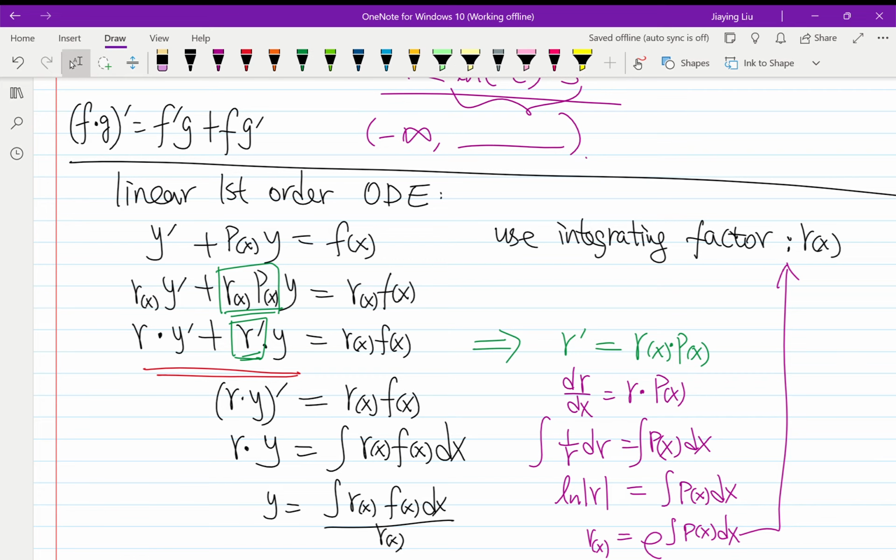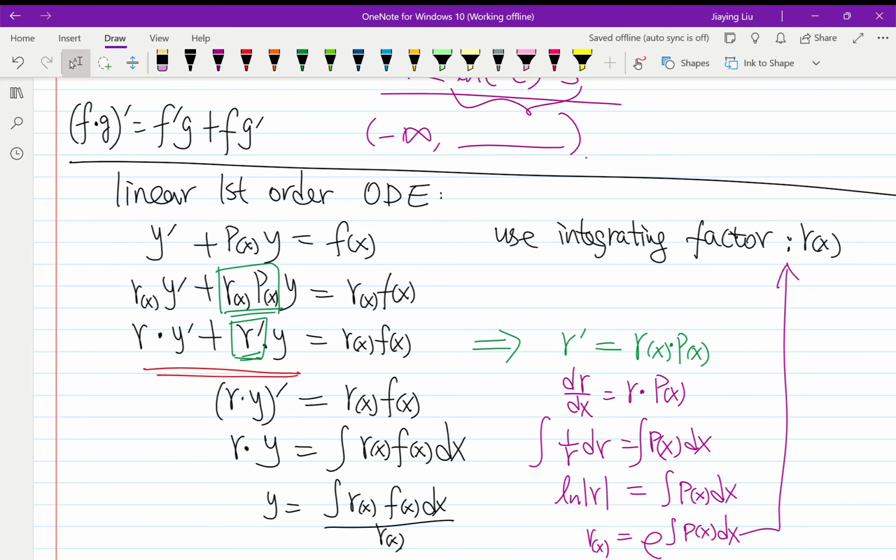So in the future, you could just memorize this expression for r of x, basically integrating p and raising e to it. You use it directly in here. Or you can just leave it the way it is without knowing what r is, and just follow along and find it, and go back there. I'll show you an example.